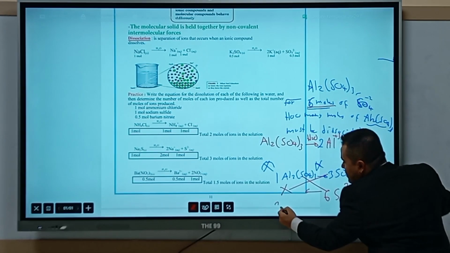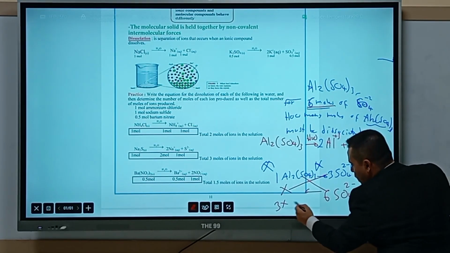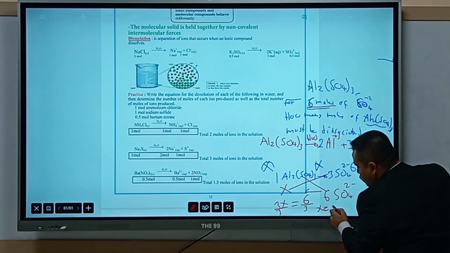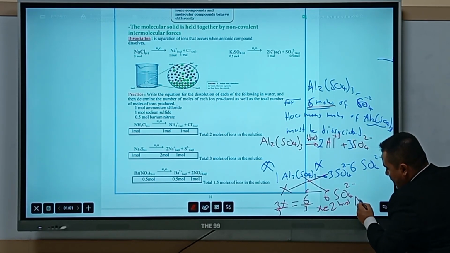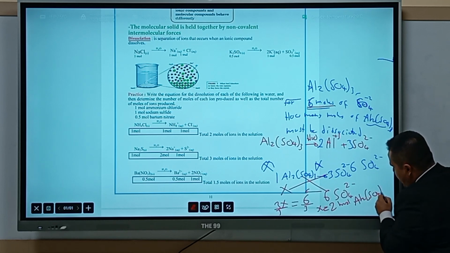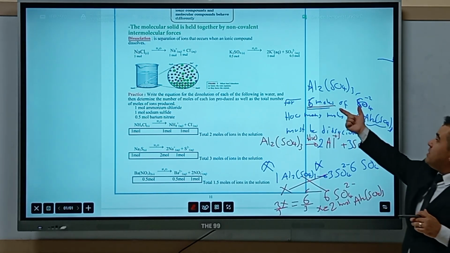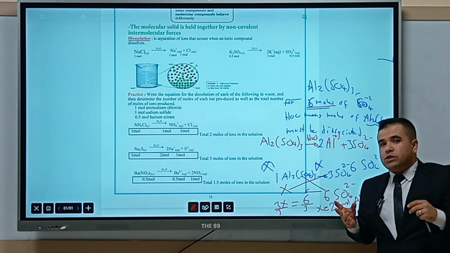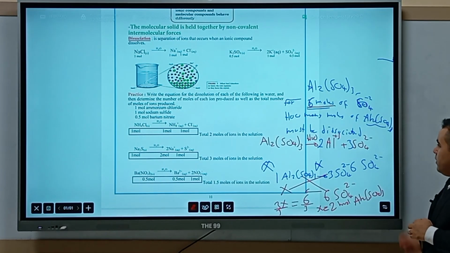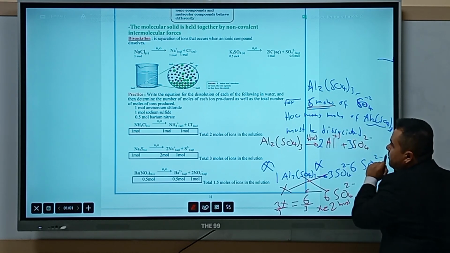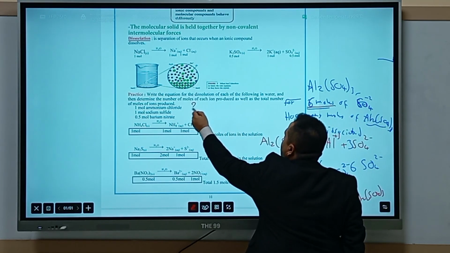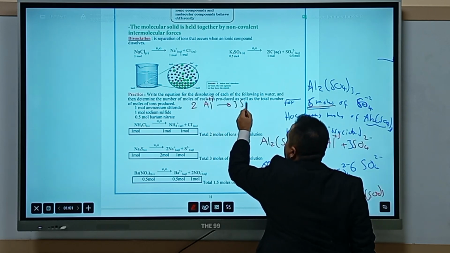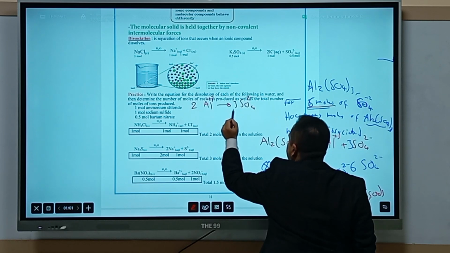3 multiply x, 3x. 6 multiply 1 is equal to 6. Divide by 3 both sides, x is equal to 2 moles of Al2(SO4)3. So in order to form 6 moles of sulfate, 2 moles of aluminum sulfate must dissociate and be dissolved. The same, you can convert the sulfate to the aluminum. 2 Al positive 3 and 3 SO4 2 negatives.